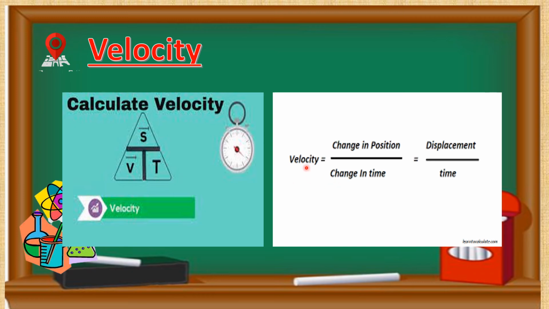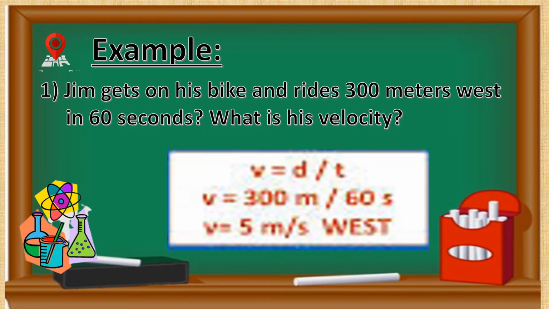Again, velocity equals change in position, which is what you refer to as displacement, over change in time. So velocity equals displacement over time. So we have here a calculation of how we can get the velocity.